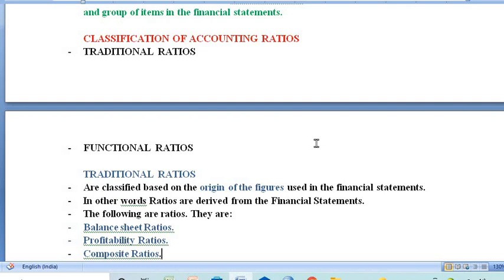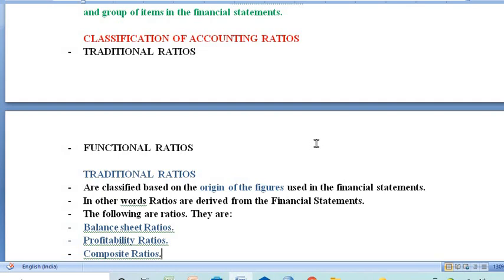Because a financial statement has a three-tier structure: one is the trading account, another is the profit and loss account, and another is the balance sheet. Or the financial statement can be called the income and expenditure account and balance sheet.